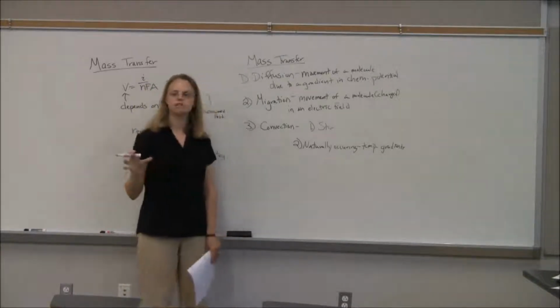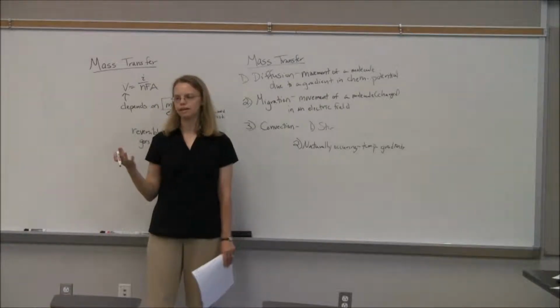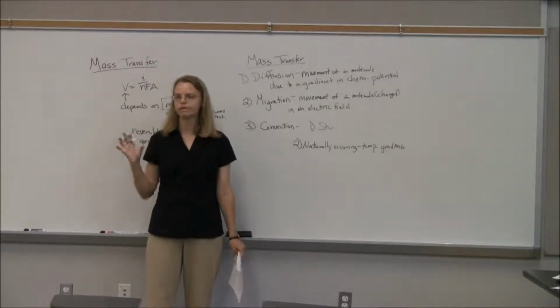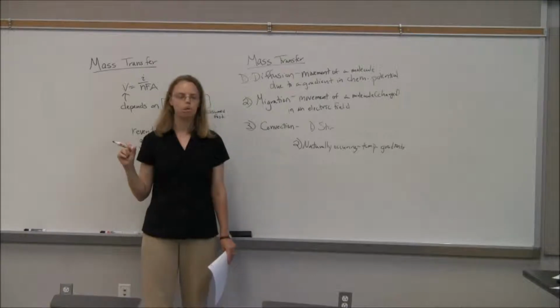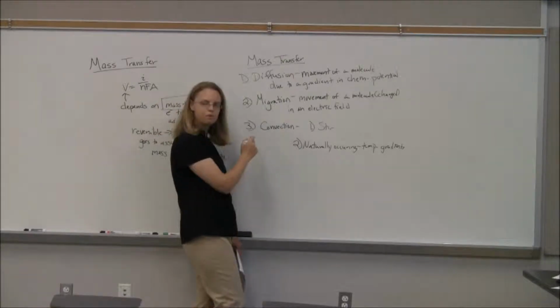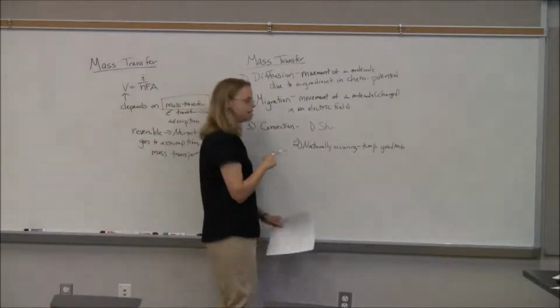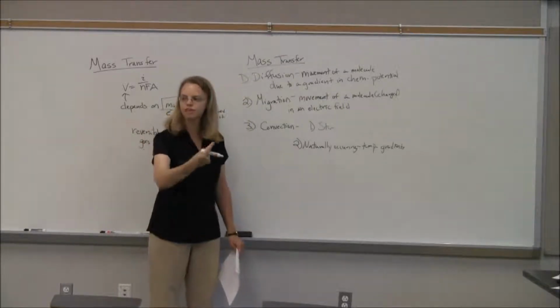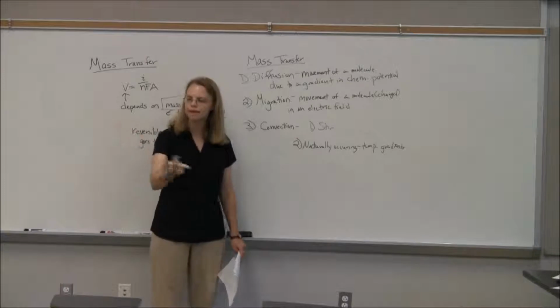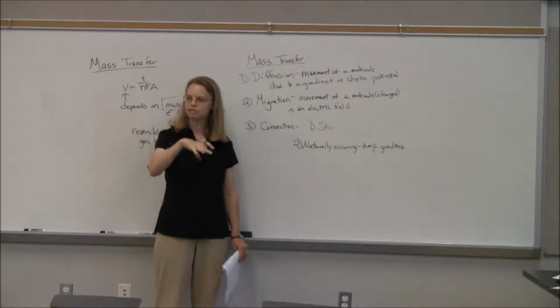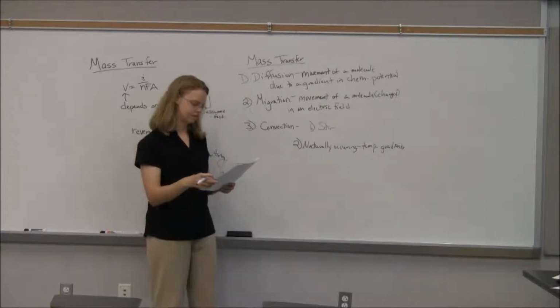Most people associate convection with temperature gradients. But if you thought, well, we don't really do that in electrochemistry, we don't really care about that, you're wrong, because we create our own convection a lot in electrochemistry, and that is we stir. When we stir around the solution, what are we doing? We're helping the analyte get to the electrode surface faster.